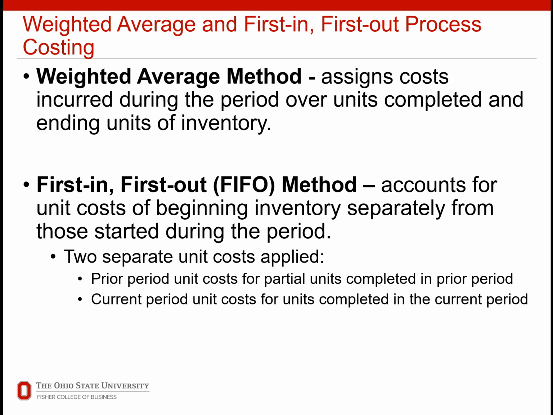They each have a separate cost per unit, so to speak. When you ship those units out to finished goods, or transfer them out of the work in process bucket, the blended rate would be different under the first-in-first-out method versus the weighted average method, which simply assigns the same cost per unit to all units transferred to finished goods. That's essentially what this slide is explaining.